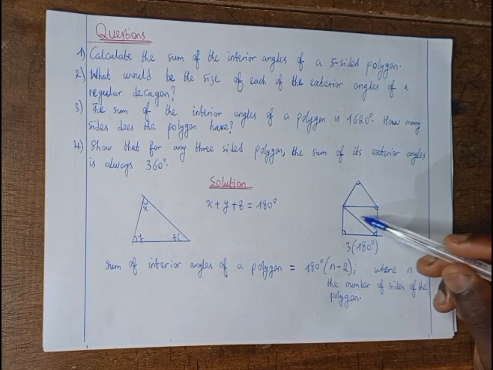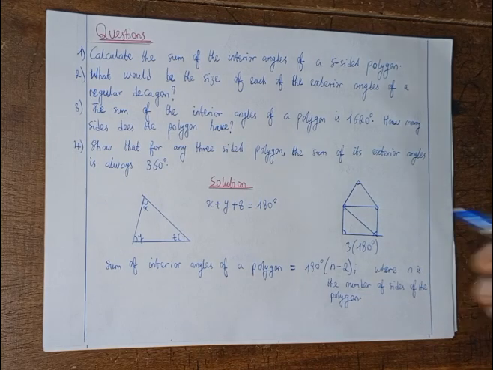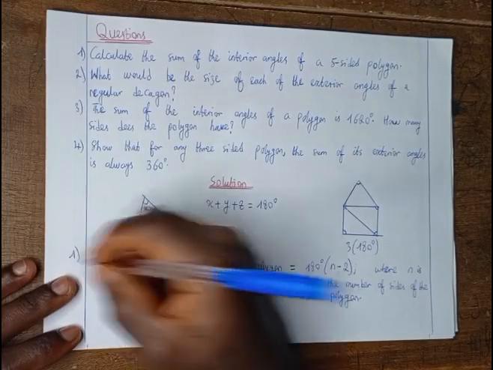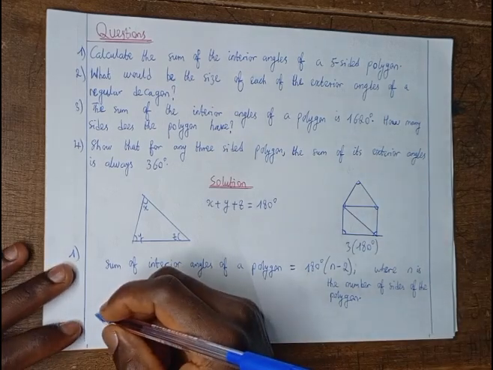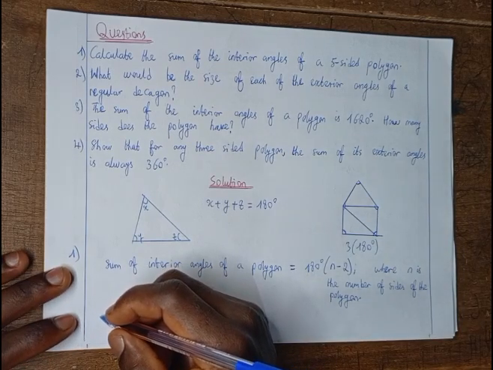Next, if you go to our given problem, question 1, we have to calculate the sum of the interior angles of a 5-sided polygon, which is a pentagon. We know a pentagon has 5 sides.